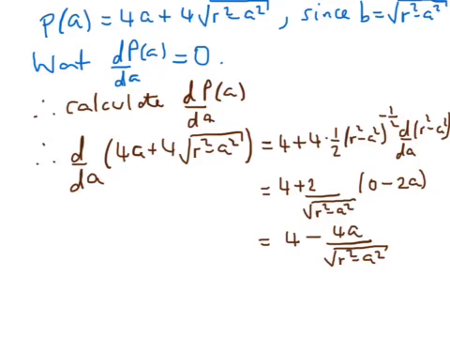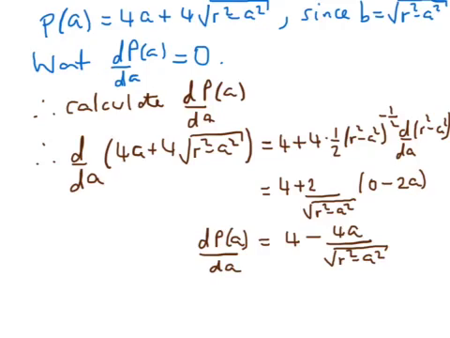So therefore, this is, just to remind ourselves, the derivative of the perimeter with respect to a for whatever value a is. Now, at a stationary point, we want this derivative to vanish.